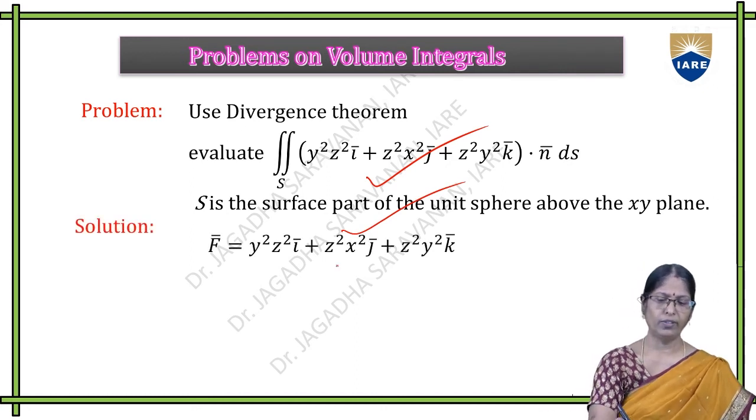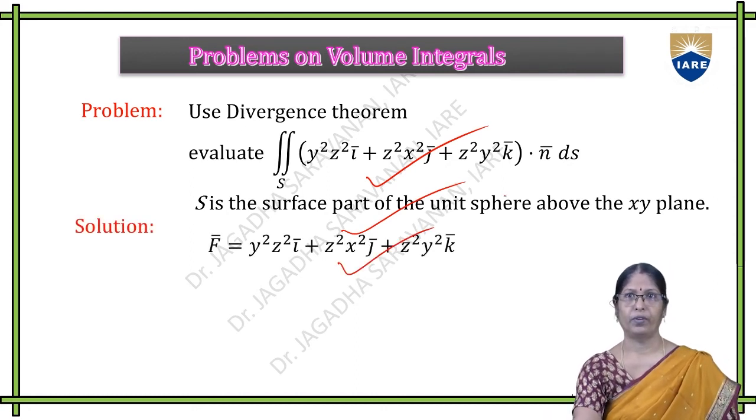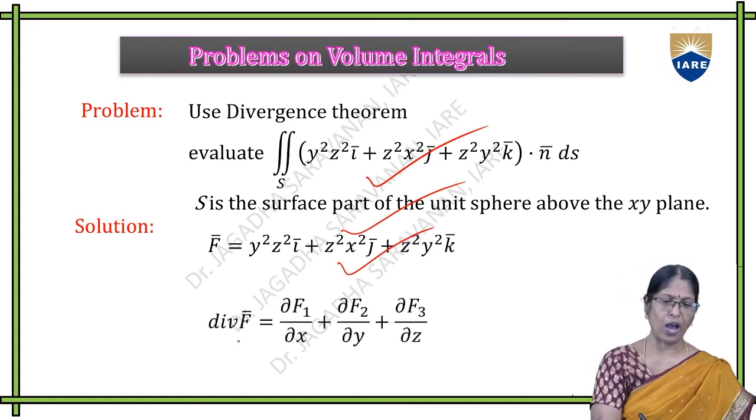Now, this is our F, that is y square z square i plus z square x square j plus z square y square k.